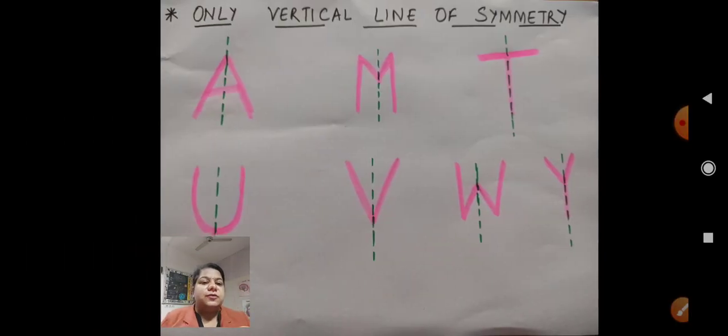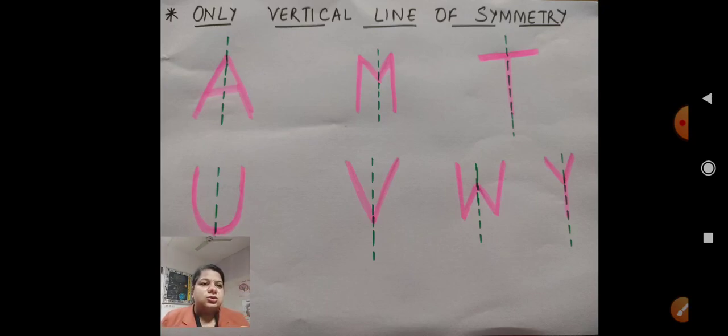Now just check, if the question asks which English alphabets have only vertical lines of symmetry, only vertical means there should be no other line of symmetry in that alphabet. So in this case we will not consider the alphabets which have both lines of symmetry, like H, I, O and X. Here we consider only those letters which have only one line of symmetry, that is the vertical one.